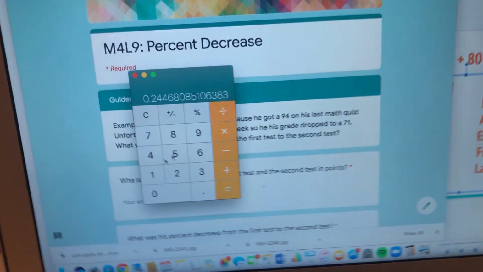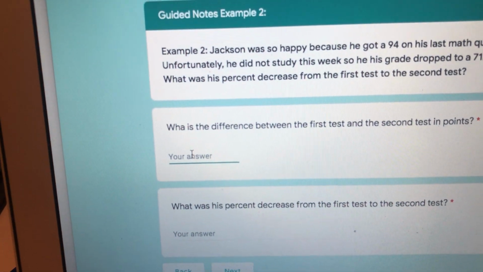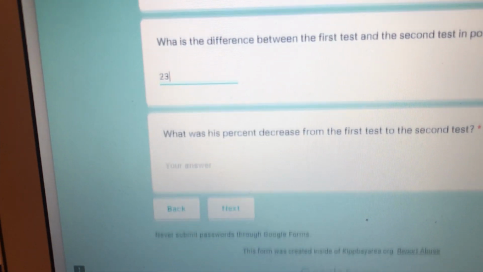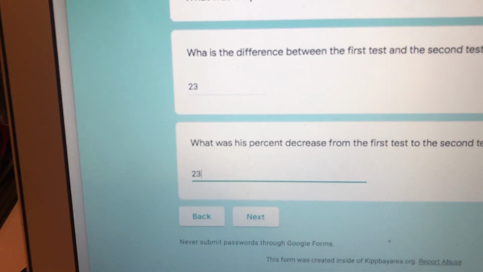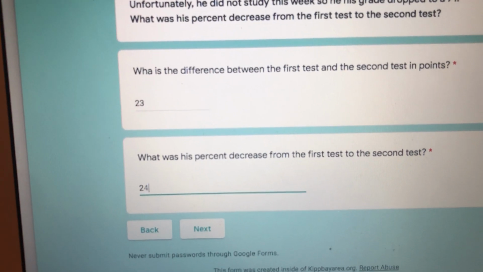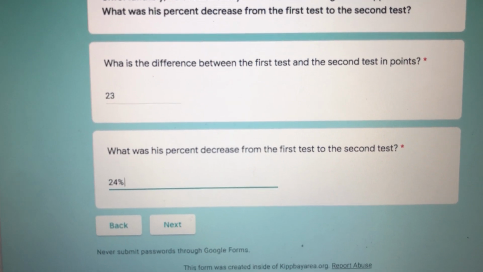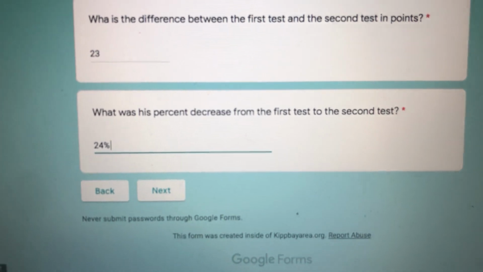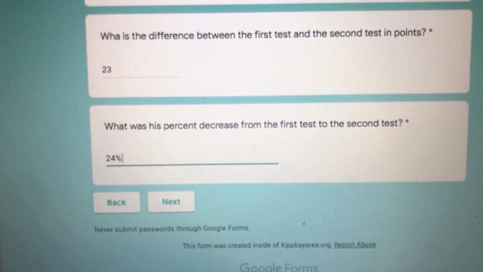So what I'm going to do is make sure I type this. We know that the difference between the two scores was 23, and his percent decrease makes total sense. What this means is, not 23%, his score went down 24%, okay? That's his percent decrease. That is a lot, okay? Which makes a lot of sense.